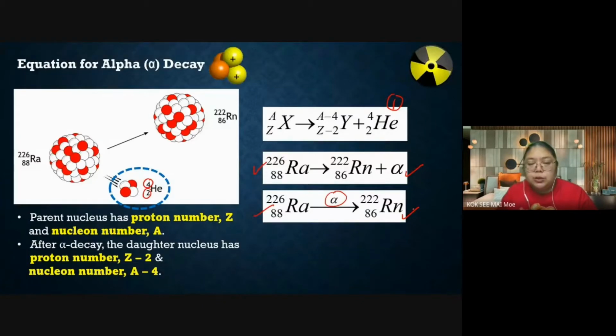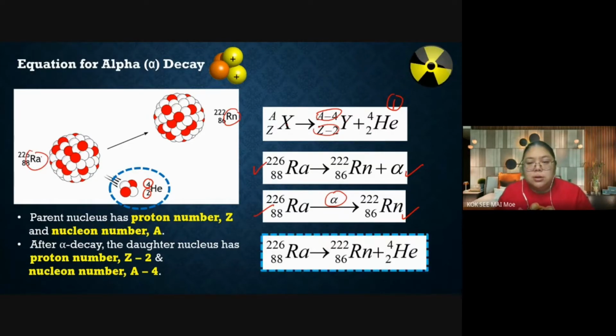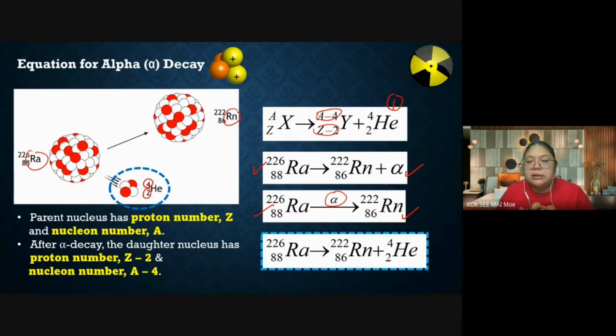We just need to fill in the A and the proton number. The element we don't need to memorize, because we don't know whether they want Rn to come out from Ra. What's important is the proton number and neutron number. So this is the full equation for radioactive decay.